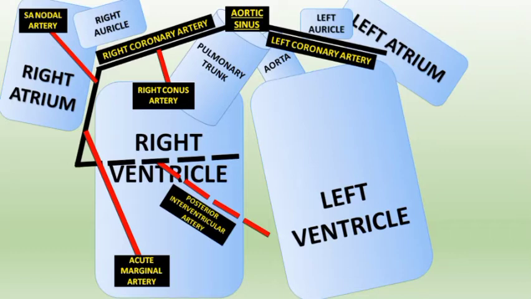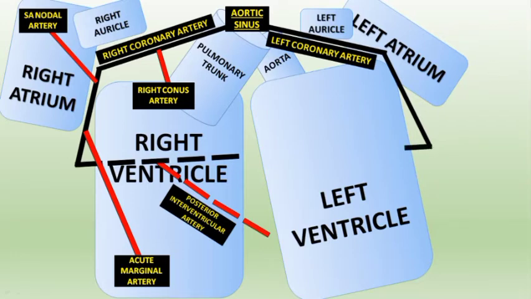Now let's see about the left coronary artery. The left coronary artery runs from the aortic sinus. It goes between the left auricle and the pulmonary trunk. The left coronary artery then descends down in the atrioventricular septum, just like the right coronary artery, between the atrium and the ventricle.